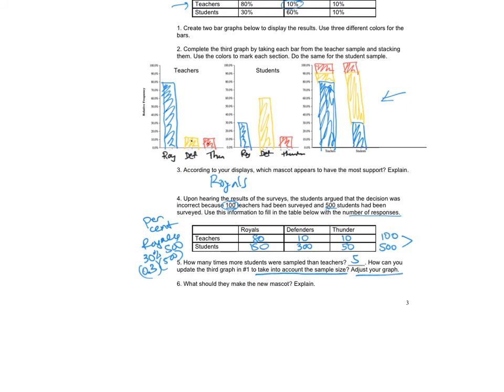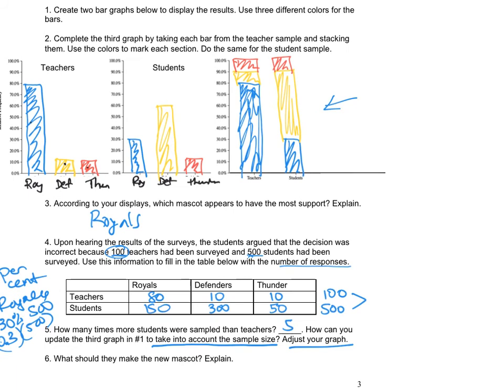So this is what you want to do. This represents one part. This represents one part. But the students were 5 times more represented in this survey. And so what you want to do is you want to tack on 4 more of these. 4 more of those, 4 more of those.